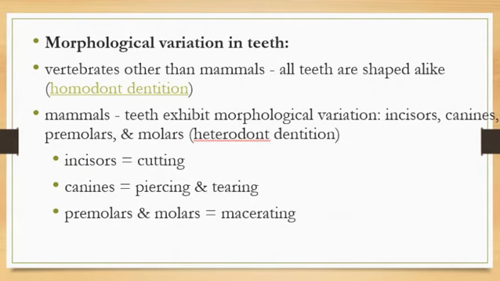Morphological variation in teeth. In vertebrates other than mammals, all teeth are shaped alike, homodont dentition, like in sharks and dolphins. In mammals, teeth exhibit morphological variation: incisors, canines, premolars, and molars, more on the heterodont. Each tooth in heterodonts performs a certain function.